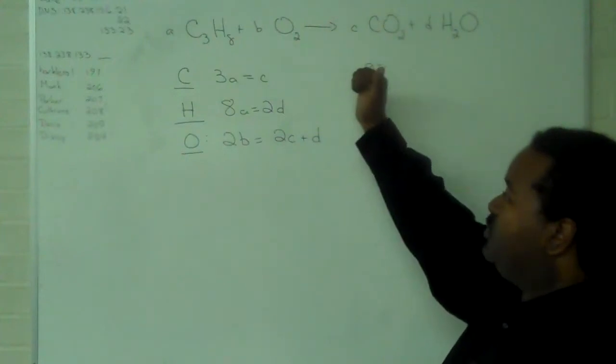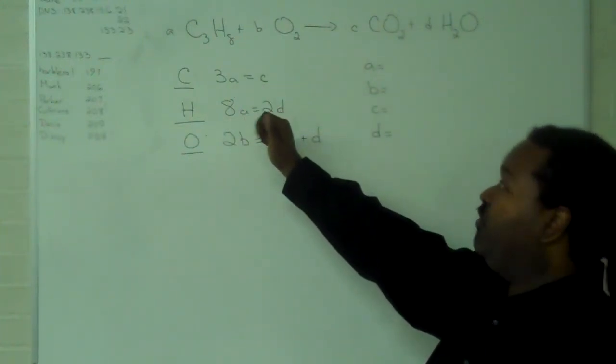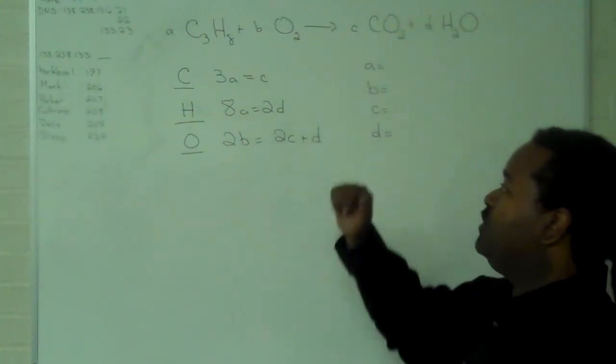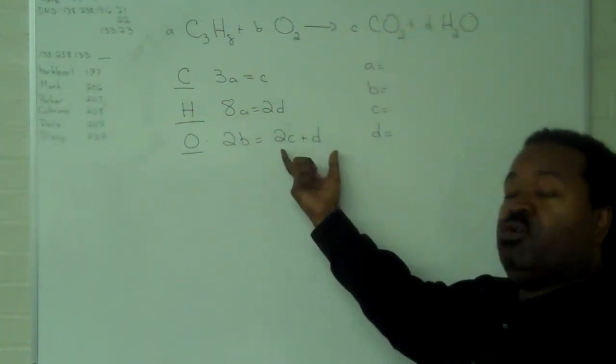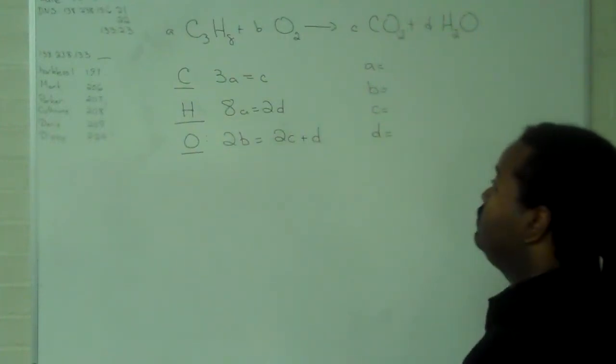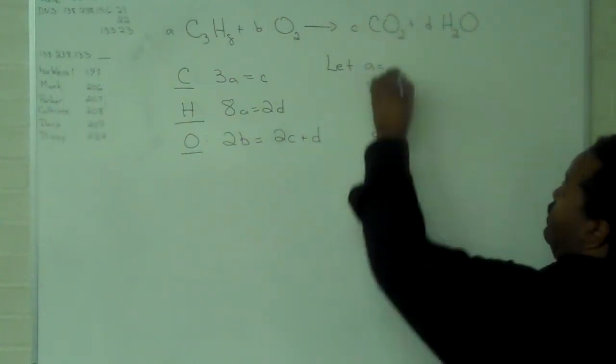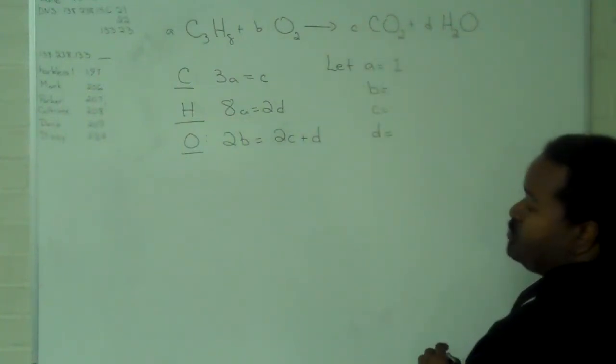So in this case, I observe that if I pick a value for A, that will determine the value for C. It'll also determine the value for D. And knowing the values for C and D will allow me to get a value for B. So I am going to let A be equal to 1.